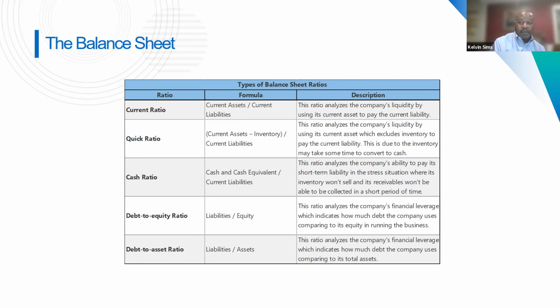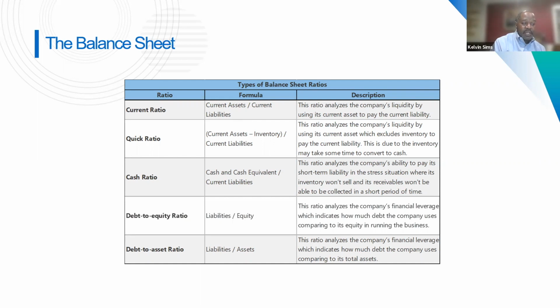And you want that number to be more than 1 or a little bit higher than 1, so you do have that liquidity. Quick ratio: current assets minus my inventory divided by my current liabilities. Again, looking at liquidity a little bit more, but here you're taking out your inventory because you would say, if I had to get quick cash, sometimes inventory may not be as quick to sell.